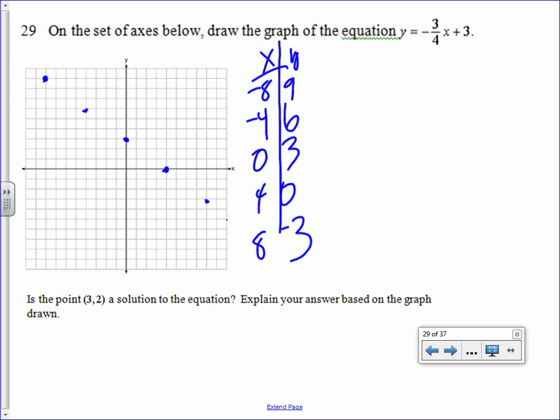Draw a line through them. Make sure you put arrows because it goes on forever. y = -3/4 x + 3.